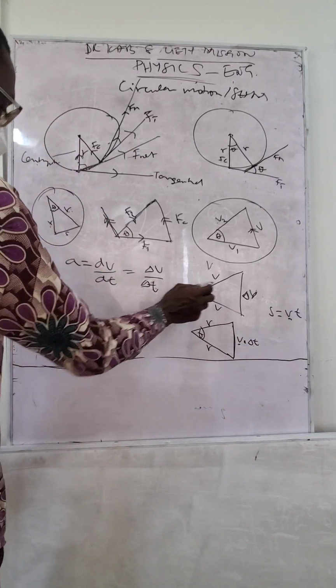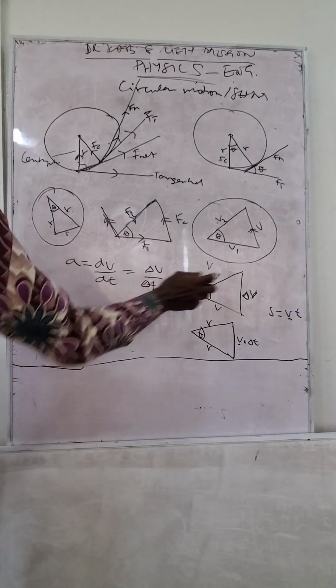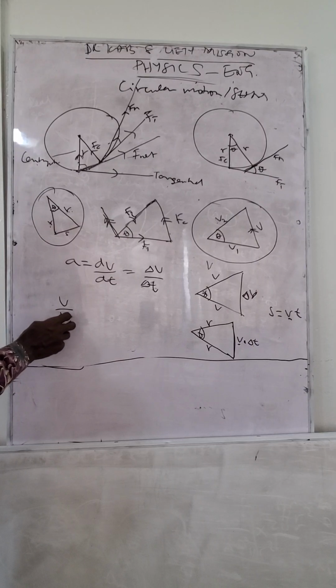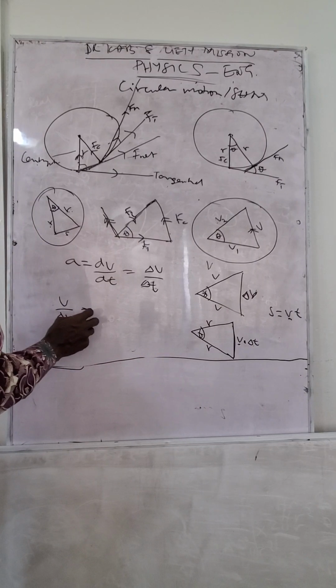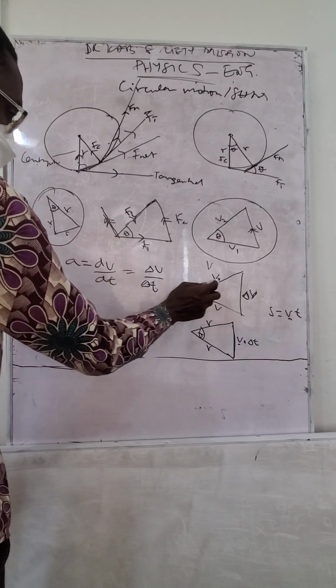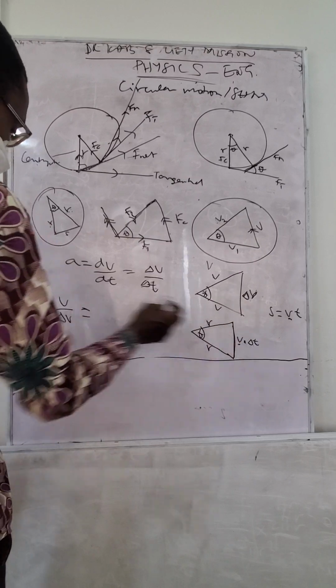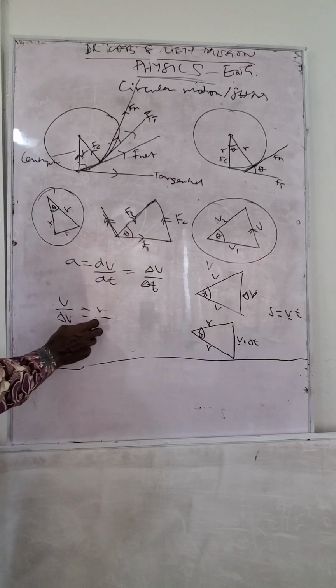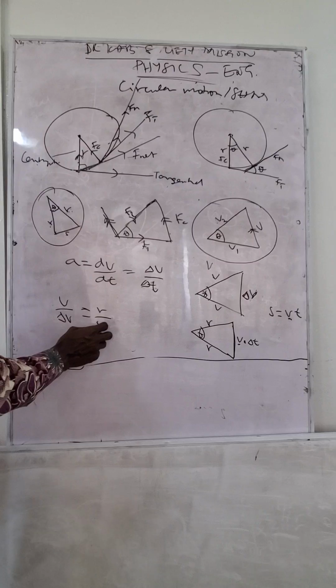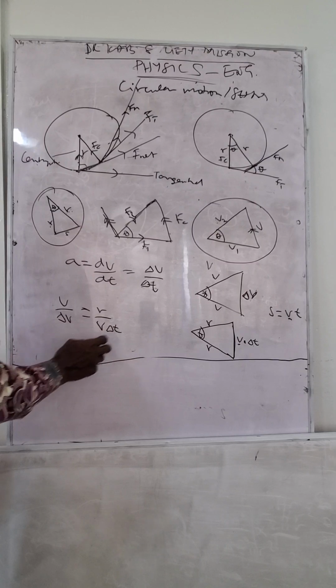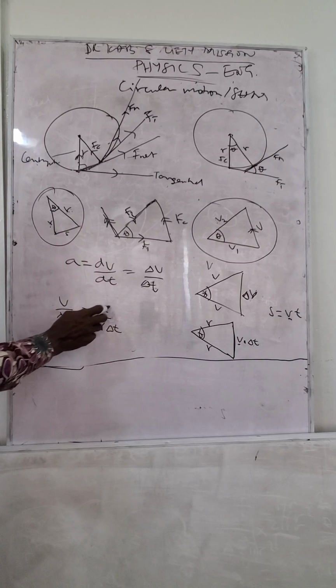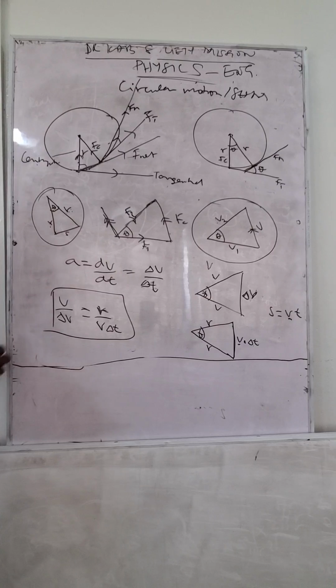Because there are two similar triangles, we can say that this v over change in v should be equal to, because they are similar triangles, if we divide this by that, then this divided by that should also give the same, r over v change in t. This is the expression I want us to get.